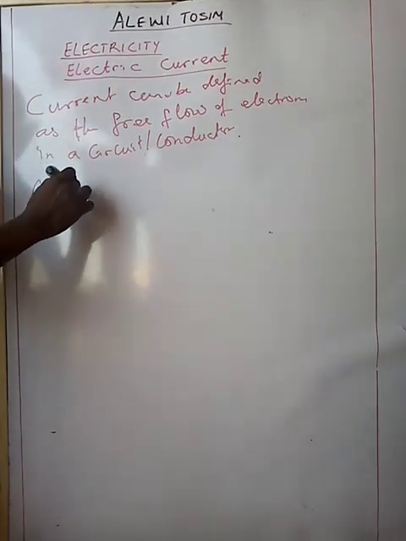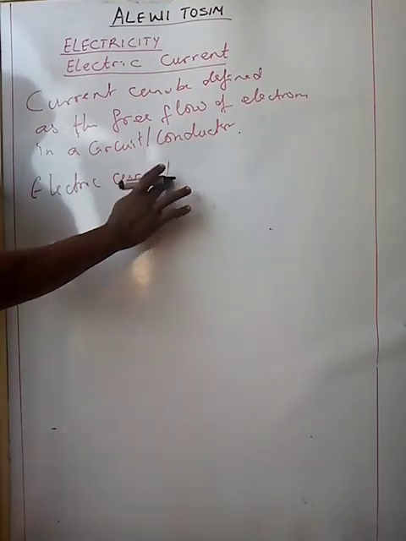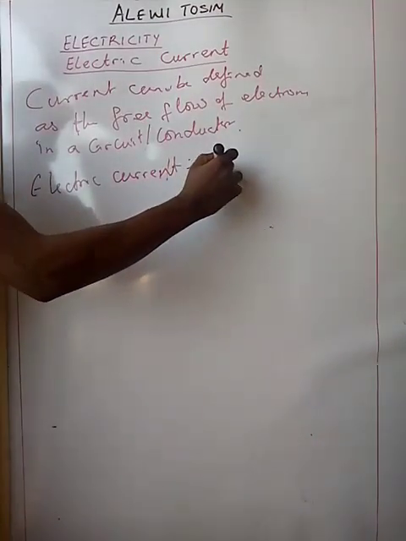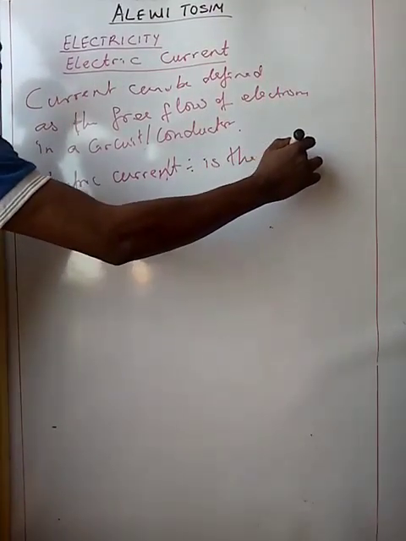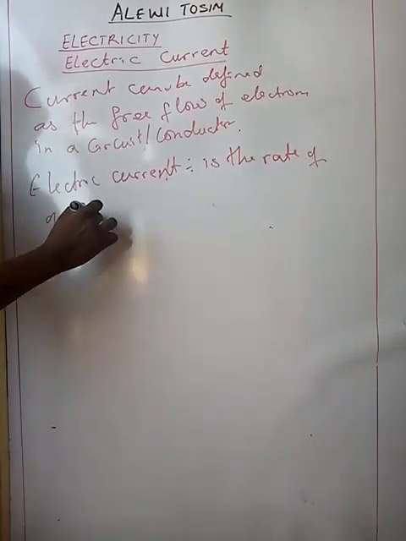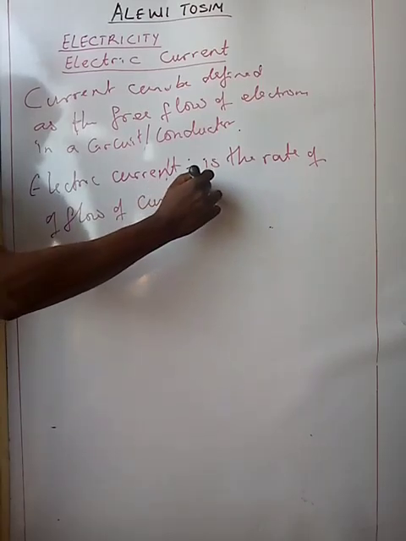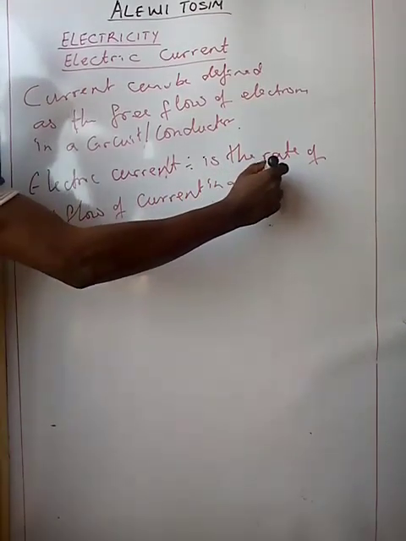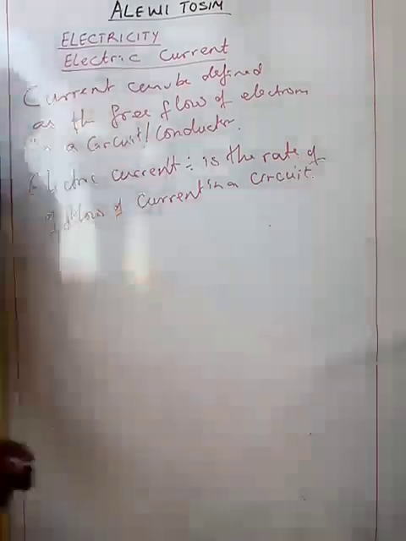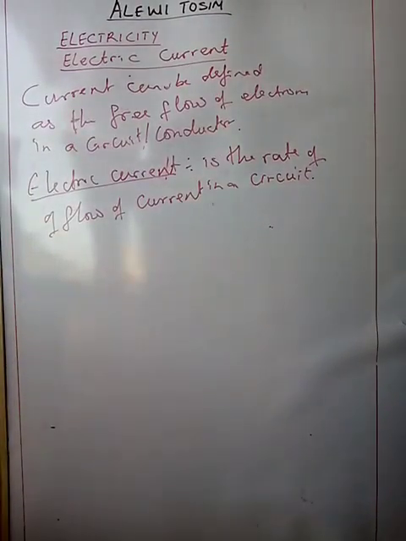Electric current is the rate of flow of current in a circuit.